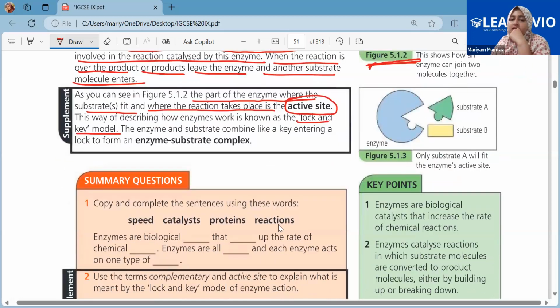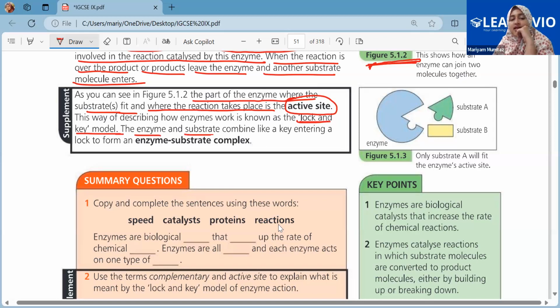Now, the way of describing how enzymes work is known as the lock and key model. Just like a specific key will fit inside the lock and then the lock will open, same is the action of the enzyme. There is a specific substrate which will fit onto it and then the reaction will take place. Clear?